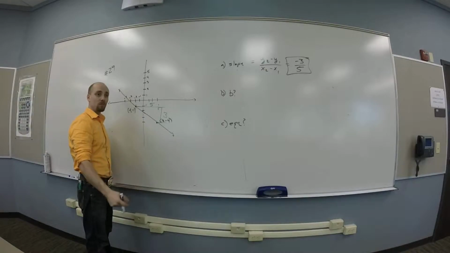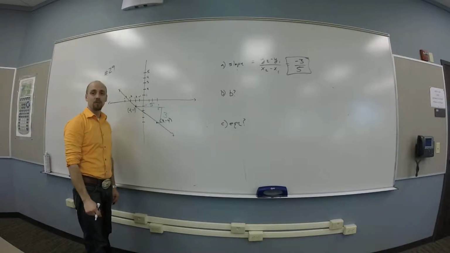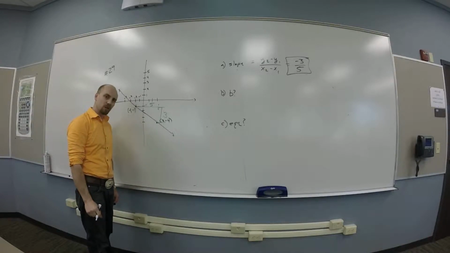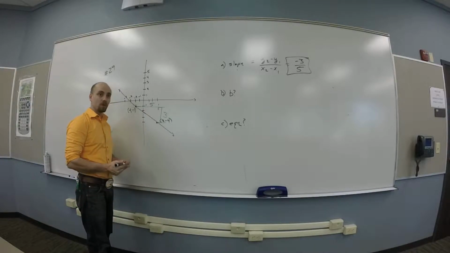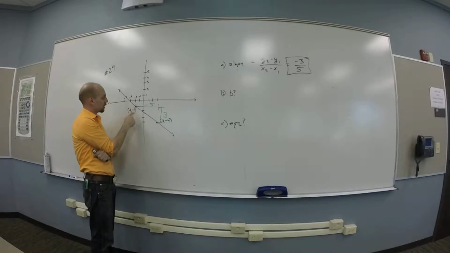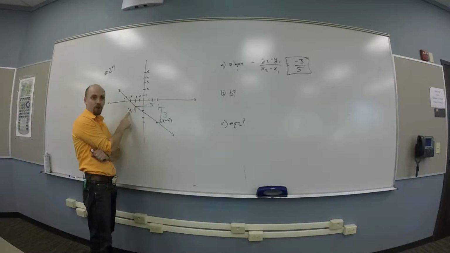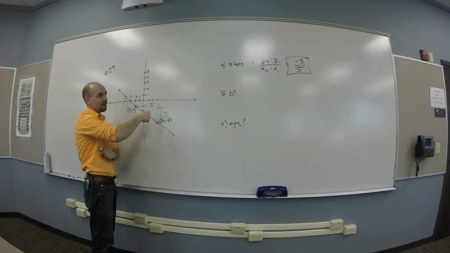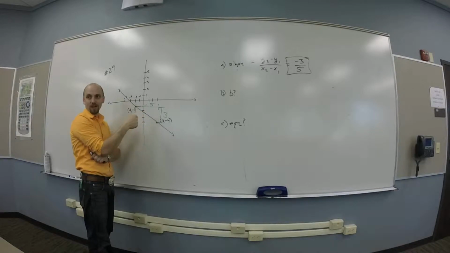We could find b that way. How else could we find b? What was our strategy with the last one? We don't even need to approximate. We could figure it out. So this is negative 2 units over, right? So I need 2 of my rise runs.